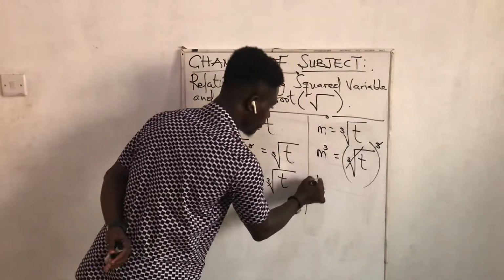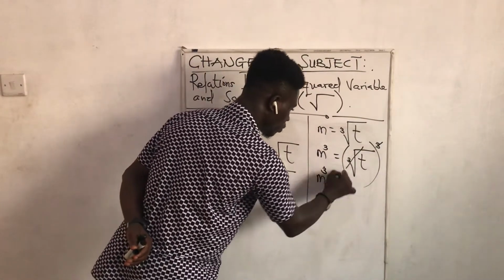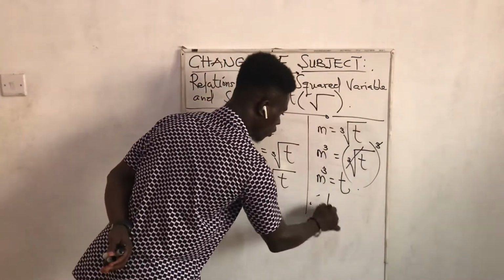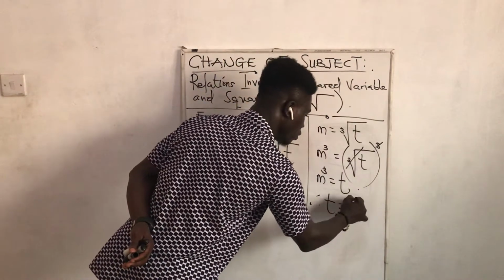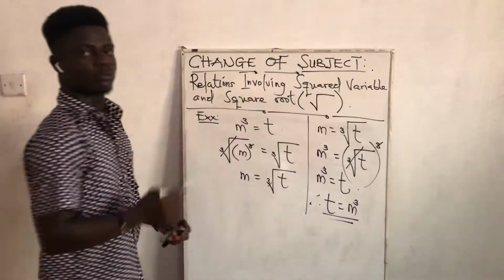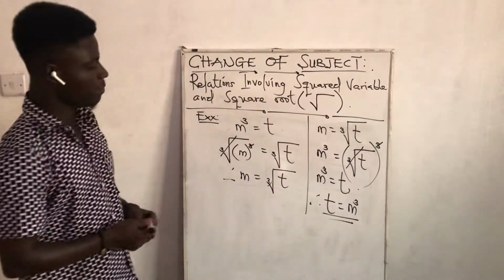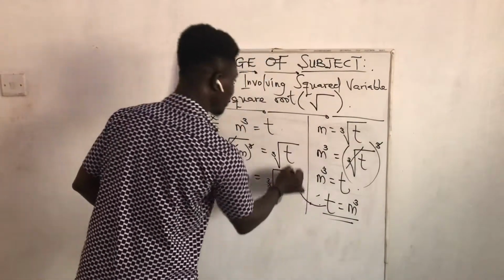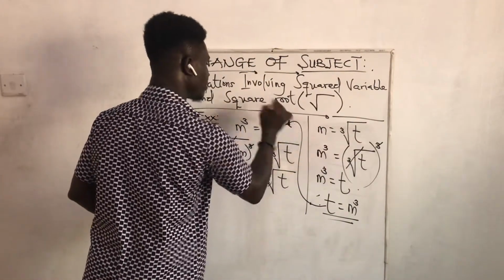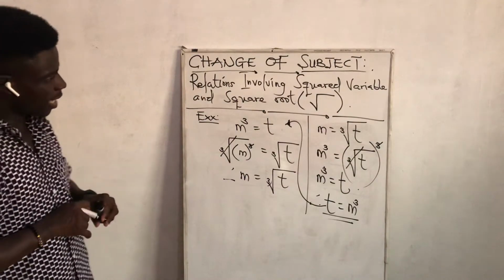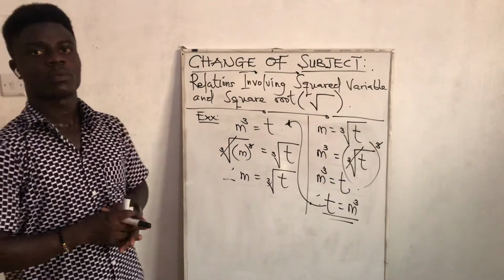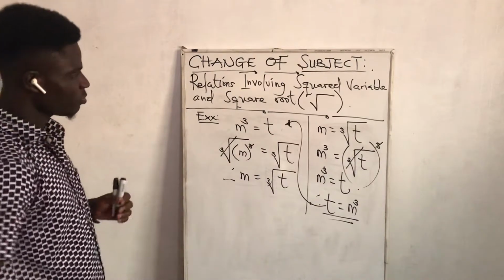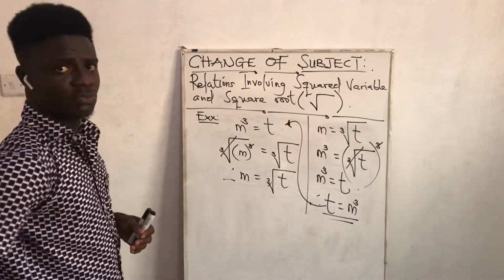So I have M cubed equals T. So it means that therefore T equals M cubed, therefore M equals cube root of T. So now we can see that this has sent us back to the question itself. So that's how we'll be doing today.